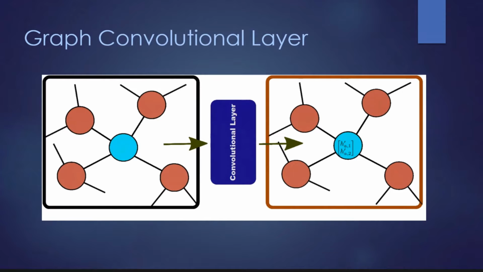But here in the graph attention network, they only took the neighboring nodes, a graph distance of one. And then you do that for all the other nodes.